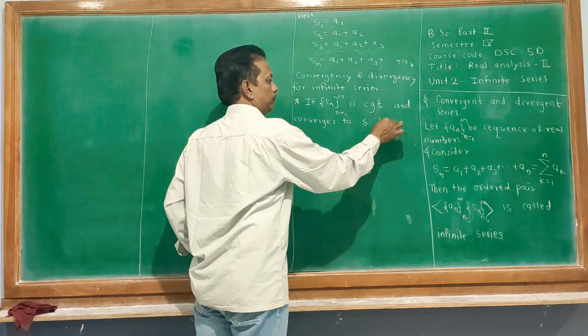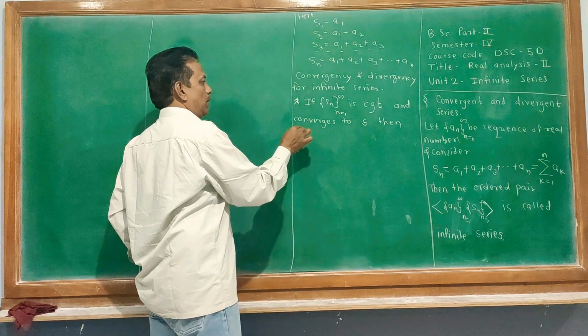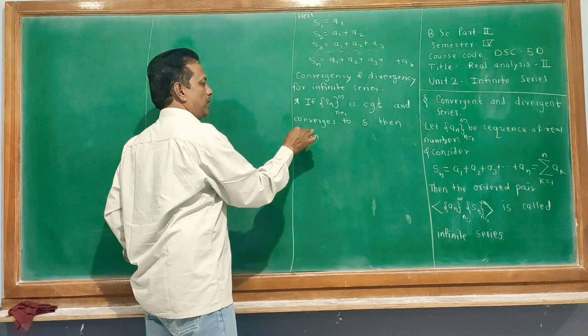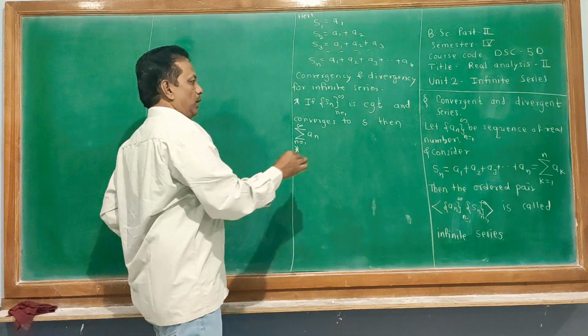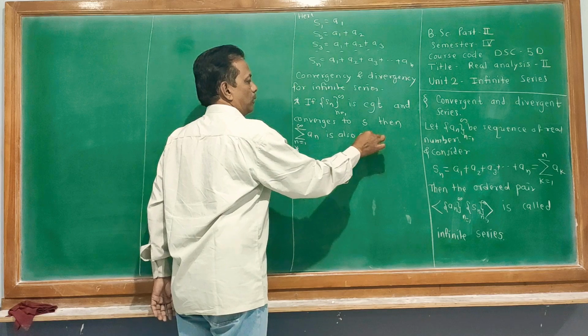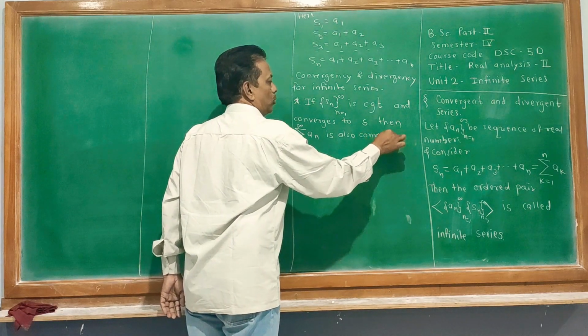then series sigma An as n is equal to 1 to infinity also converges to s.